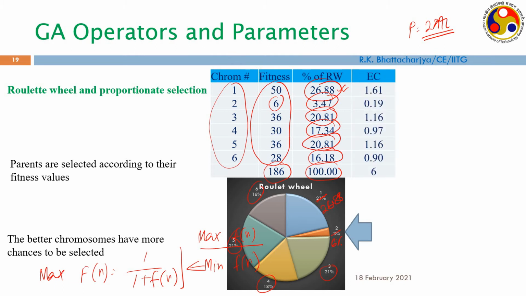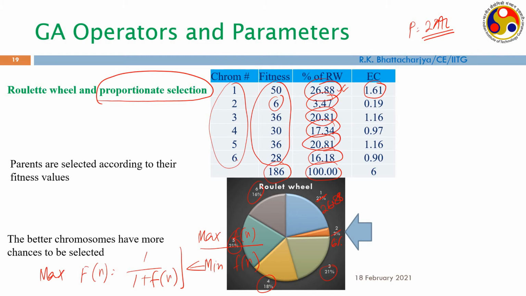Then I can also use proportionate selection. In proportionate selection, I am calculating the expected count based on the percentage each solution occupies in the roulette wheel. The total number of solutions is 6.